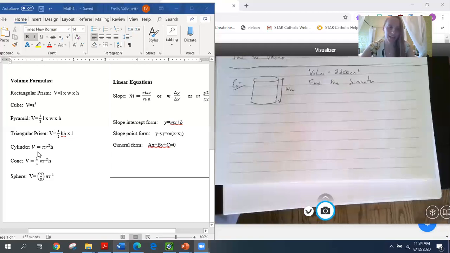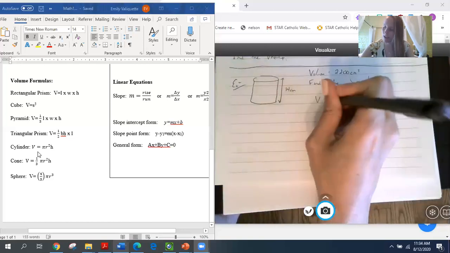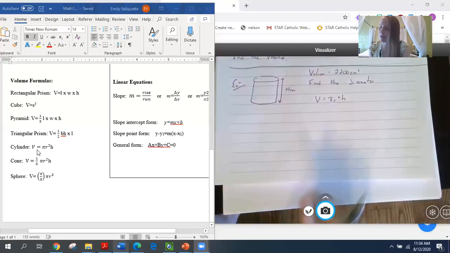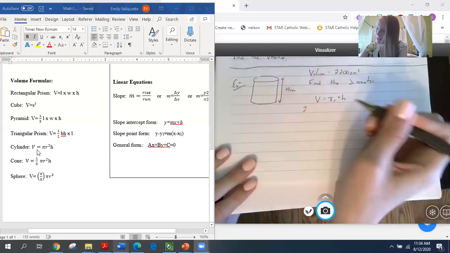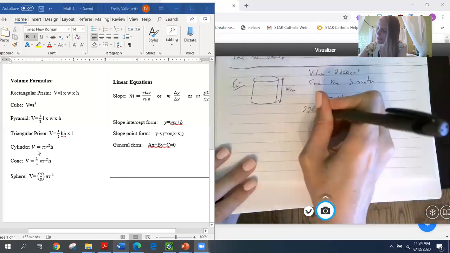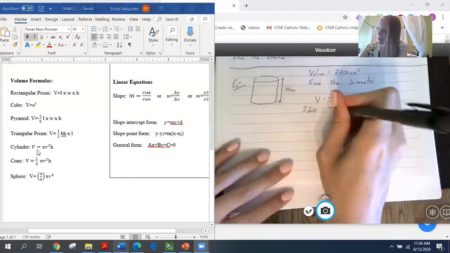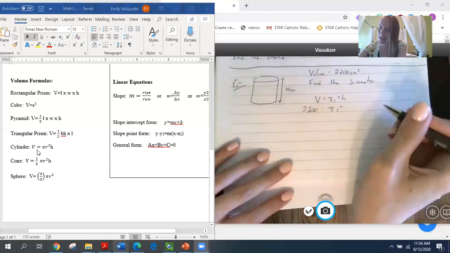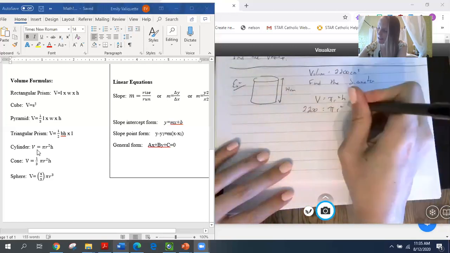The formula for that is volume equals pi r squared h. I'm going to plug in my volume, so my 2200. I don't know what my radius is, so that's just r squared for now, and my height is 14.